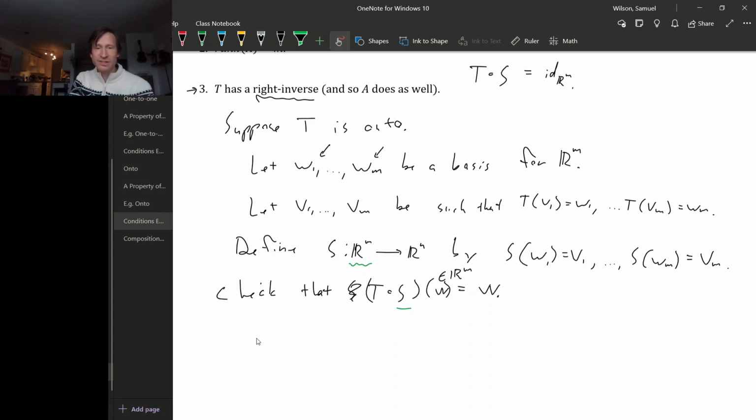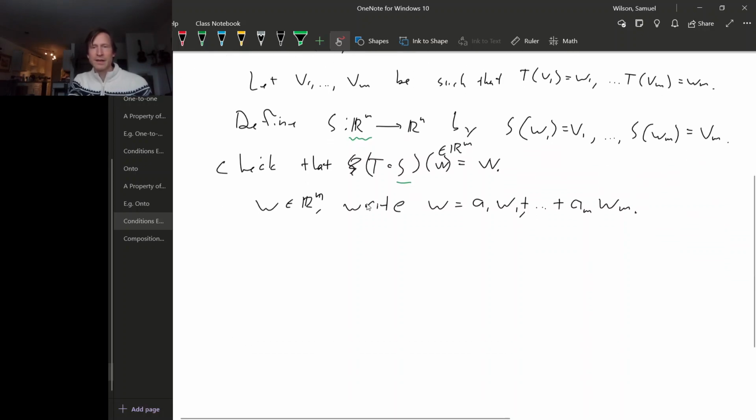Well, since W is in Rm, we have a basis for Rm. So we can write W in terms of that basis. So let's write W as some linear combination of all of our W's: A1 W1 plus dot dot dot down to Am Wm. And then let's see what happens when we do T of S of W. We're hoping that this is equal to W. So let's calculate.